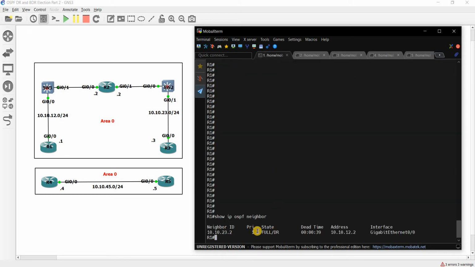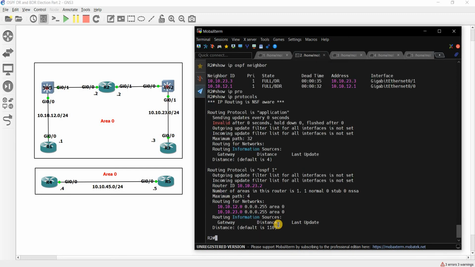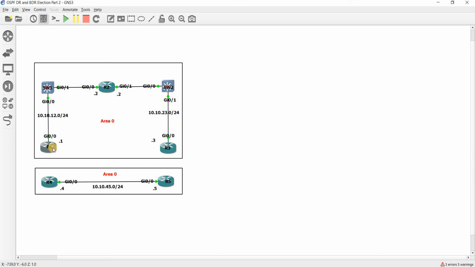And we see from this output that it is the DR. And on R2, we see that R3 is the DR, which makes sense because R3 has the highest router ID in this segment. And R1 is actually a BDR because there are only two routers here. R2 is the DR and R1 is the BDR.